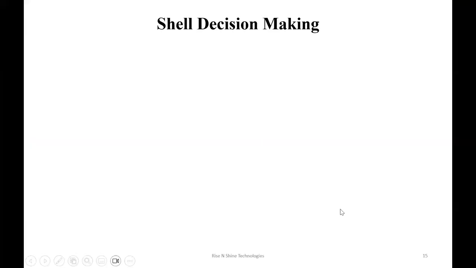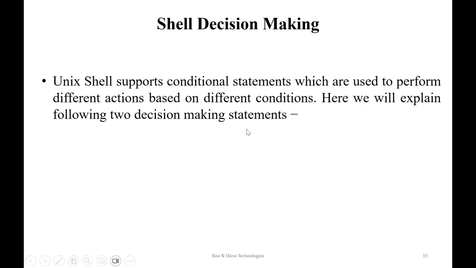If you have any basic programming understanding, either C, whenever you are studying this in academics, this is a basic concept. Unix shell supports conditional statements, which are used to perform different actions based on different conditions. Here, we'll explain the following two decision-making statements.